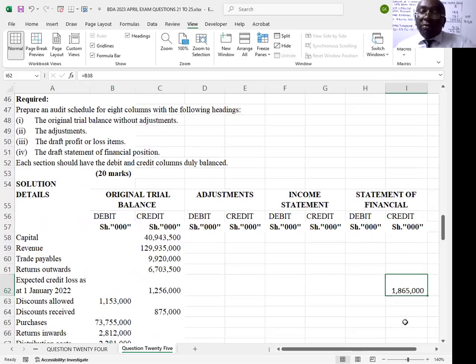Now, if it's supposed to be that one, you now need to compare it with what we already have. What we already have is 12. So what has happened? Has it increased or decreased?